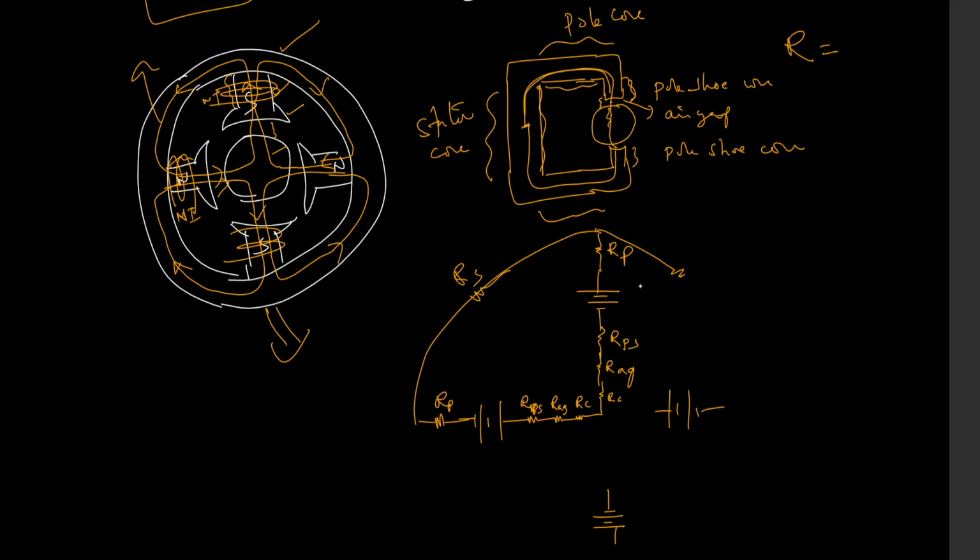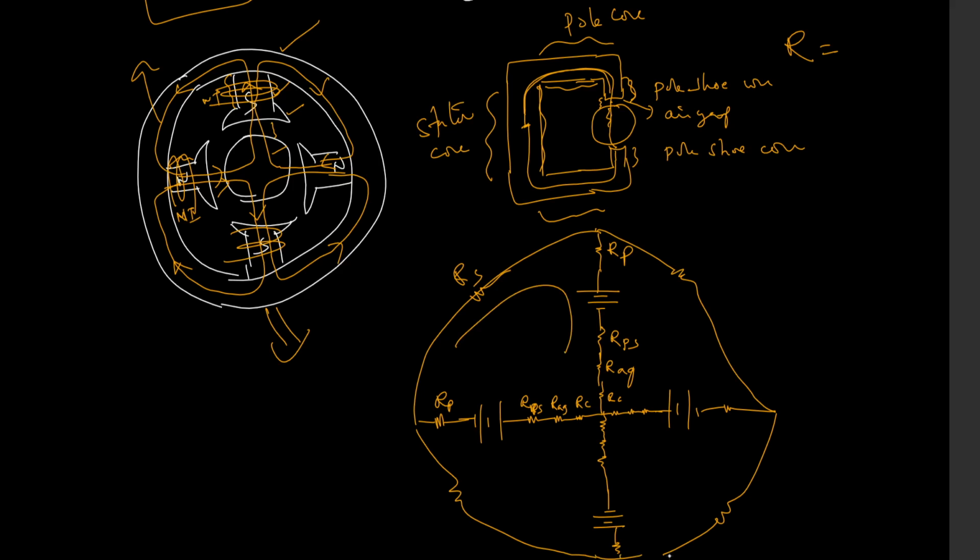So similarly I can draw all the four directions. So three reluctances are there here, and one reluctance here, like this. So flux distribution is like this.